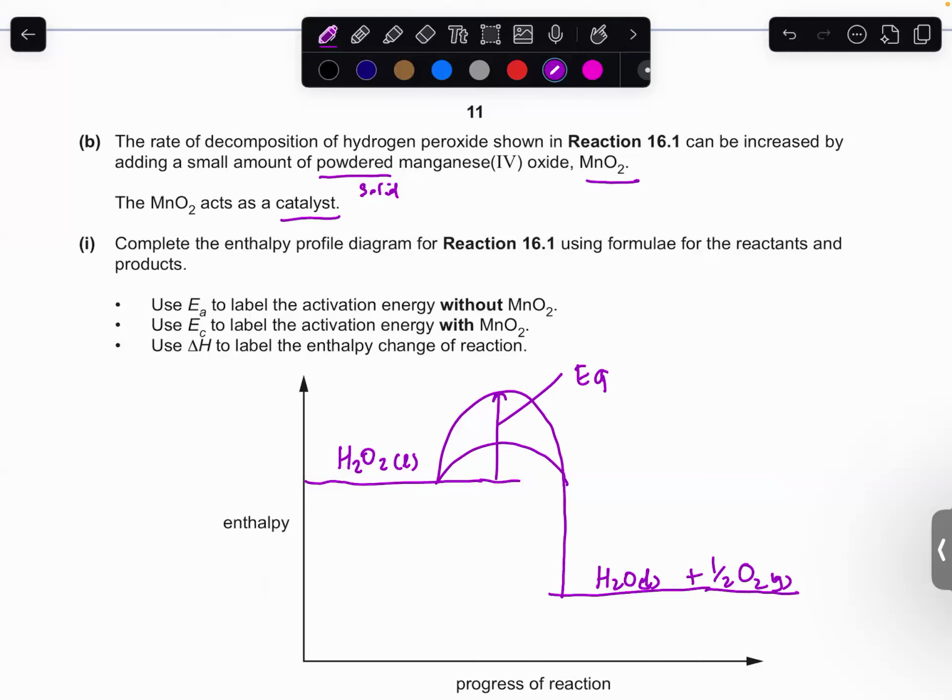But be very careful and very clear that this smaller arrow represents the activation energy in the presence of a catalyst. It wants you to label delta H as well. So the arrow starts on the line and goes down to the level of the products. The direction of your arrows must be crystal clear.